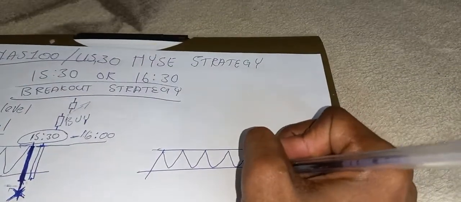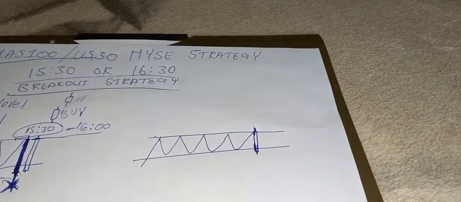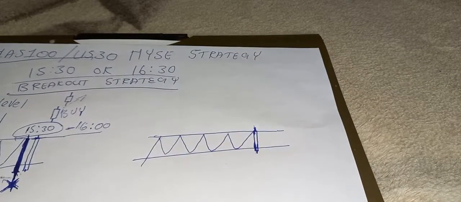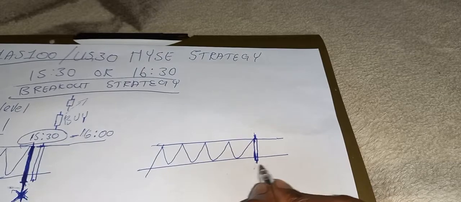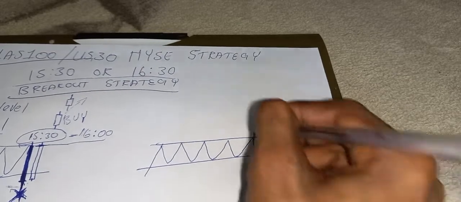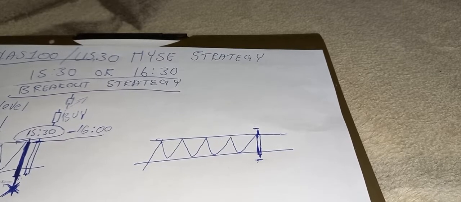You have a bullish candle there at 3:30. If you have a bullish candle like this, breaking out of the channel, we wait for the market to close before we assume that the market is going in that direction, or before we assume that the market had a breakout out of that level.